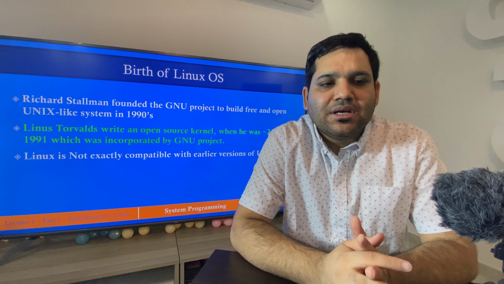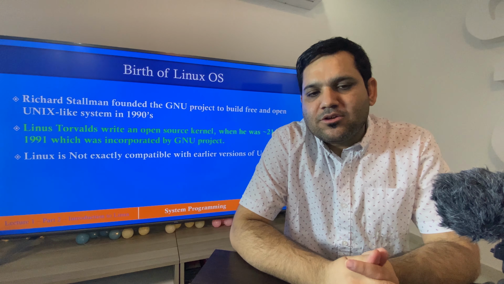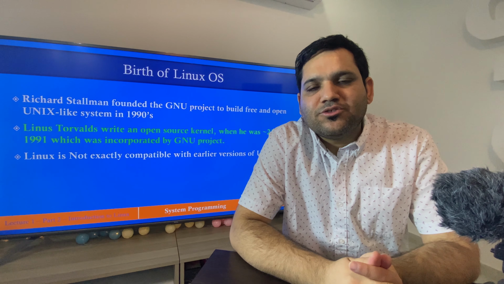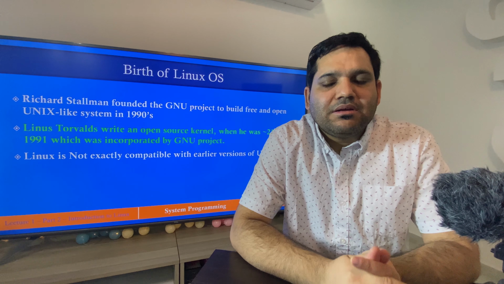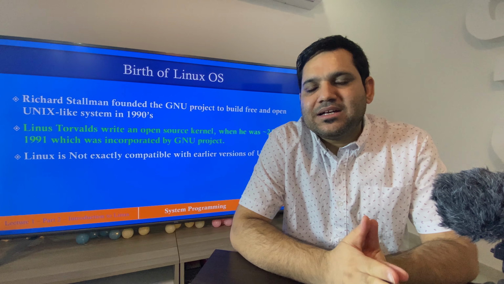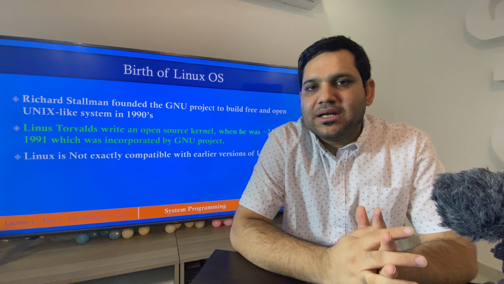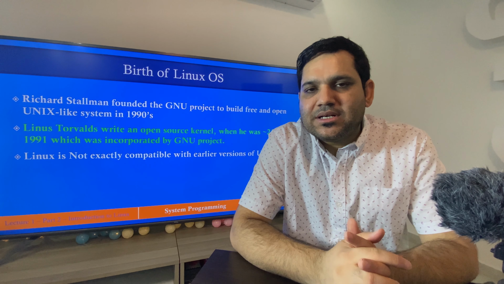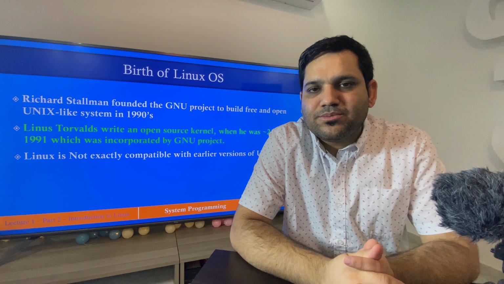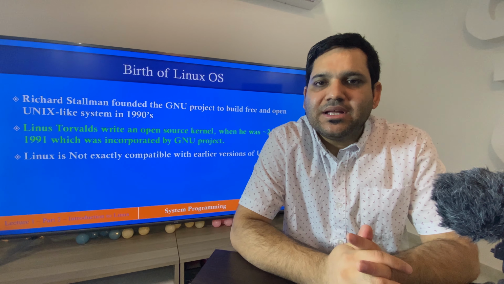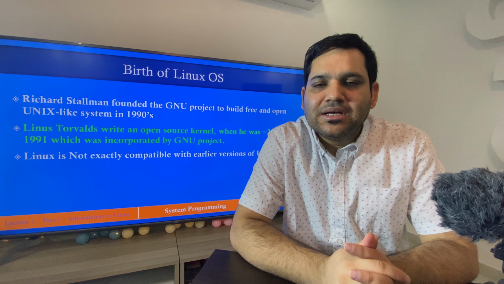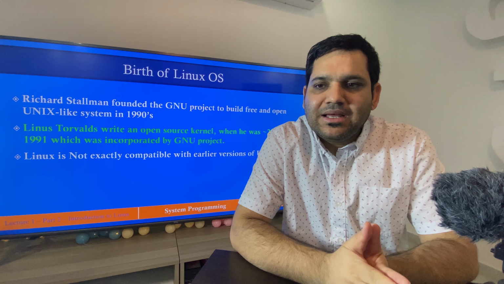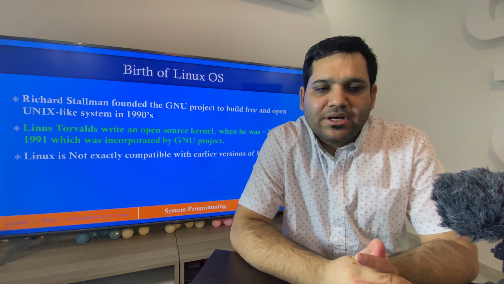At the same time, Linus wrote an open source kernel at the age of 21, and in 1991 that kernel was incorporated with the GNU system, and in this way the era of the Linux operating system started. This Linux operating system was distributed as free open source, usable by everyone, and anyone can even modify it.